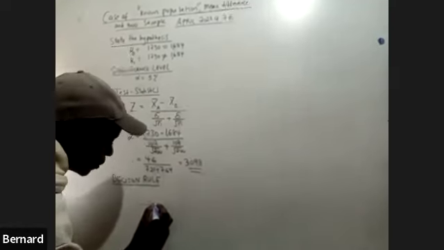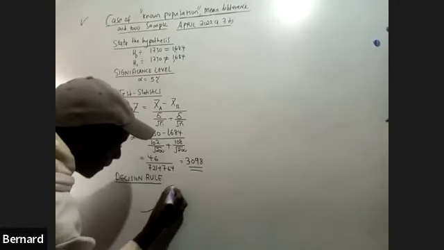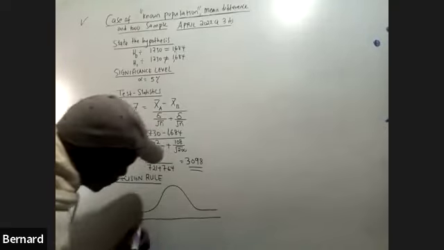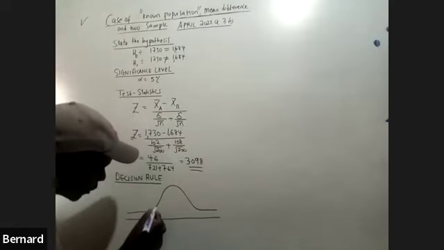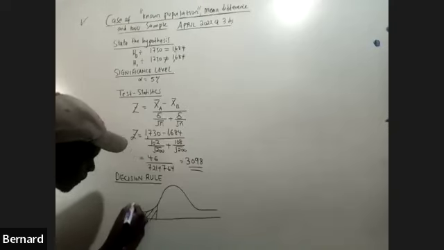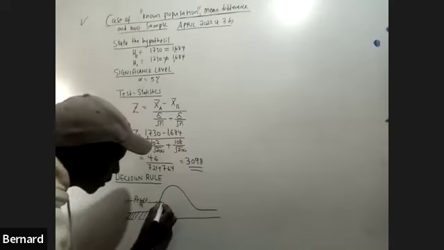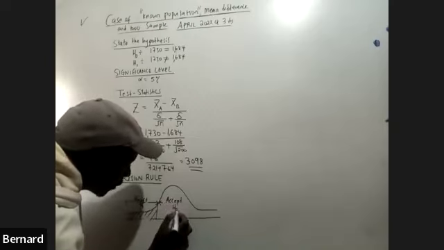So tunachora hiyo nini yetu hapa. Tunasema ni two tail na ni Z. So any point this side we are supposed to reject H0 and accept H1 as the alternative. Hapo katikati we are supposed to accept H0.